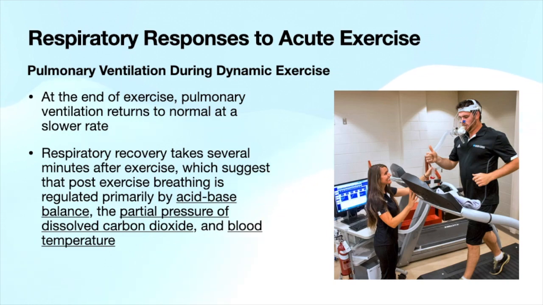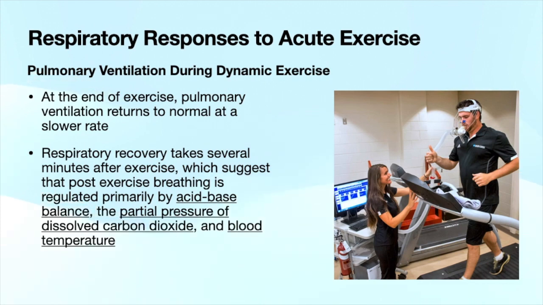So these factors regulate our breathing rate. Once acid-base balance is achieved, the partial pressure of carbon dioxide normalizes and blood temperature normalizes, our breathing rate returns to normal. Okay? So at the end of exercise, muscle energy demands decrease almost to resting levels, but pulmonary ventilation returns to normal at a slower rate.